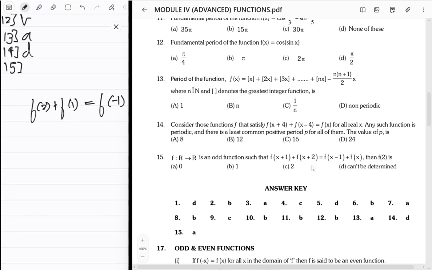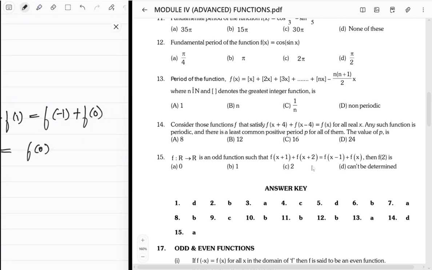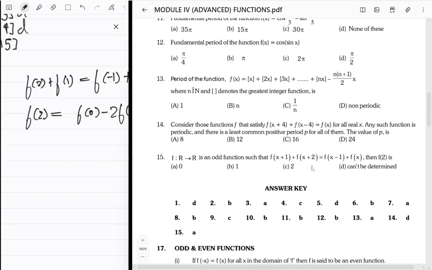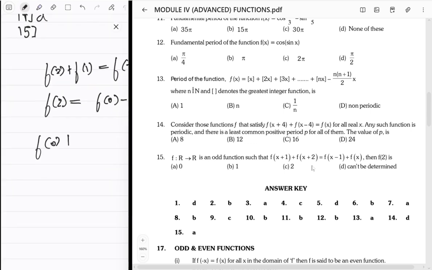Okay, the thing is f of 2 is just equal to f of 0 minus 2 times f of 1, right? Now, the question is, how do we get f of 1? Start putting more values in there. I don't know, put negative 1. What do you get? It's going to be f of 0 plus f of 1.